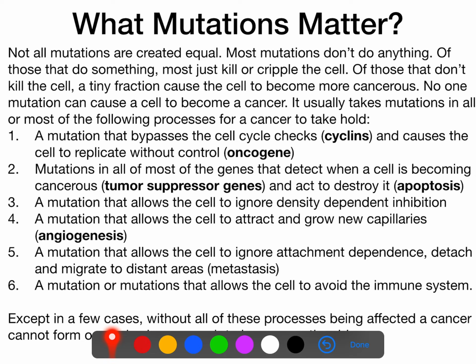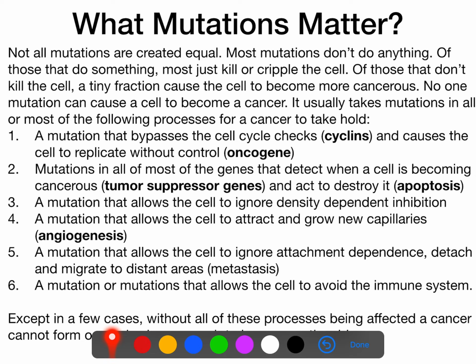So most mutations are going to just do nothing, and if they do something, they're probably just going to kill the cell. But of those that don't kill the cell, a very small number of them can cause the cell to exhibit new behaviors. And those new behaviors can include losing control of their replication.